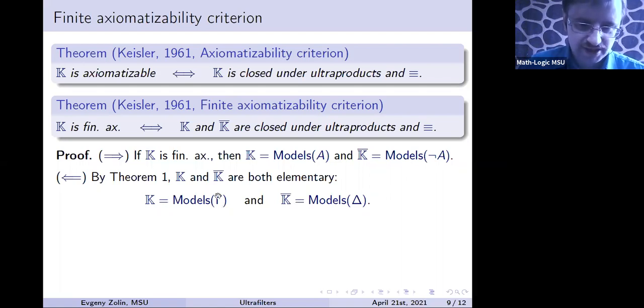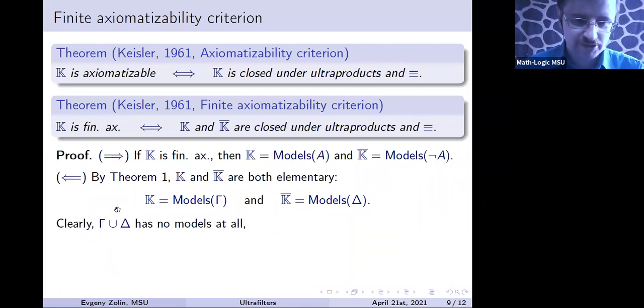So if we take formulas from gamma and delta together, gamma union delta, they cannot have any model, because models that satisfy gamma are in K and models that satisfy delta are in the complement of K. They don't have common models. So the union of these two sets does not have a model.